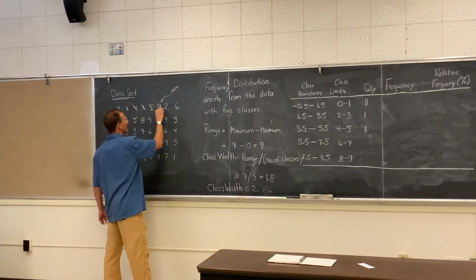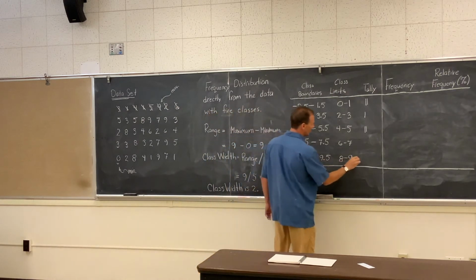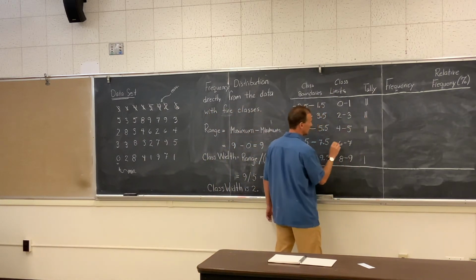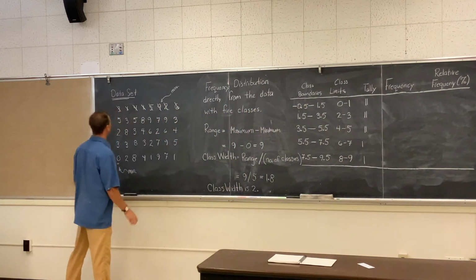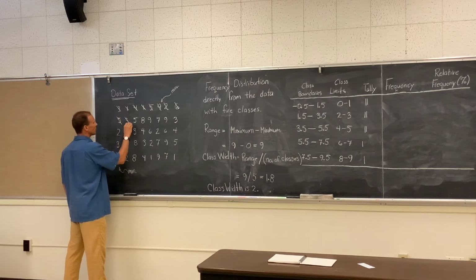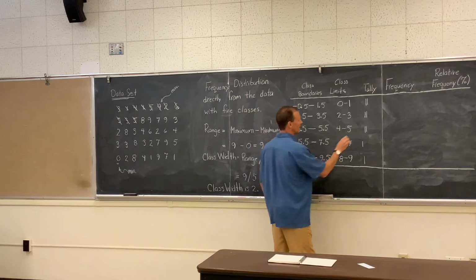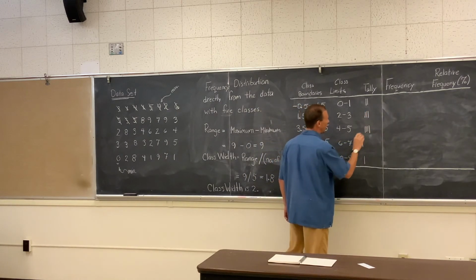I have a 9, a 2, and a 6. I have 5, 3, 5. Let's put those down. So I have a 5, a 3, 5.